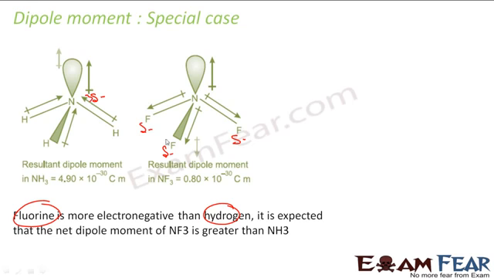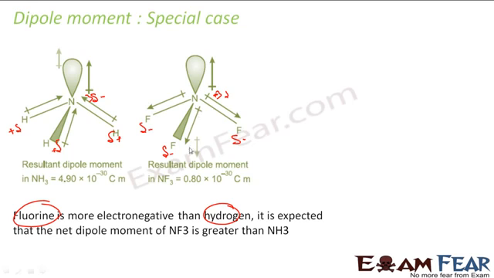This is 3 times negative. This is negative, negative, negative. And this guy is, let's suppose, positive charge here. Here also it's positive, positive. Right? But here fluorine is very electronegative compared to hydrogen, and it forms a bond dipole, right?